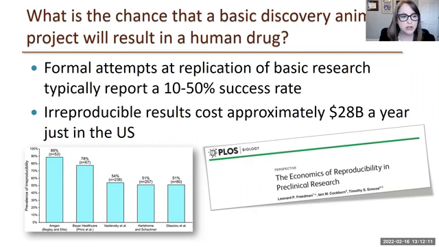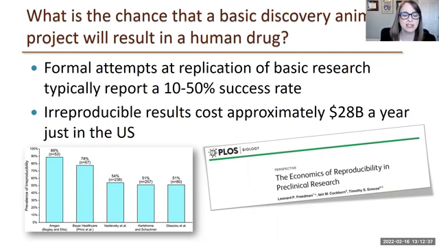In the literature, we can ask the question, what is the chance that an animal study will result in some type of successful human drug? Well, in terms of replication, the data says that this can fluctuate anywhere from 10 to 50% success rate. 10 being the worst case scenario, perhaps, and 50% being the best case scenario.